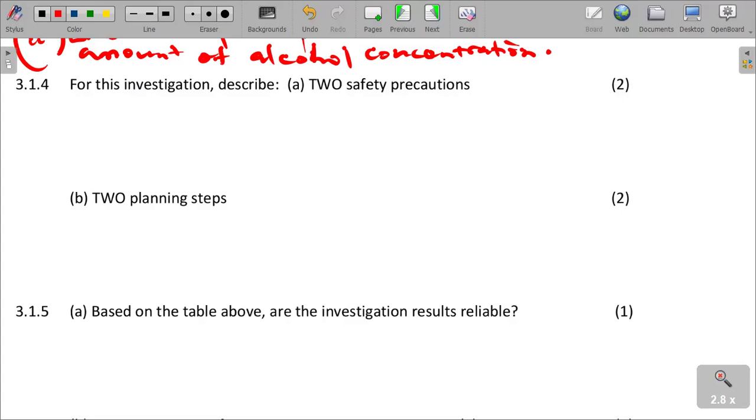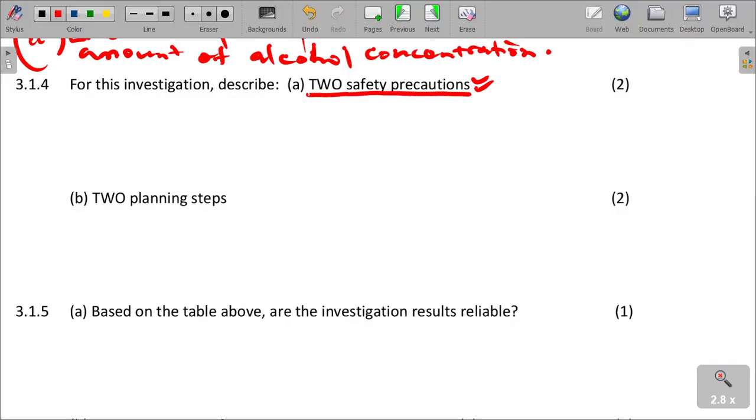For this investigation, describe 2 safety precautions. I once also said that questions such as this would come in the paper that we are doing, which is quite exemplary: safety precautions and then planning steps.